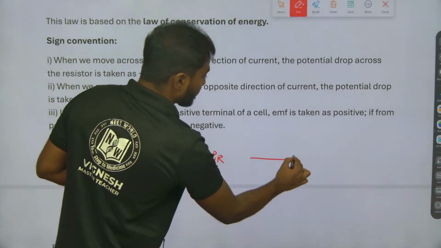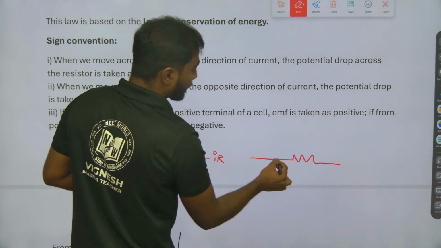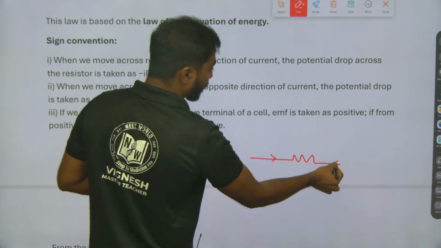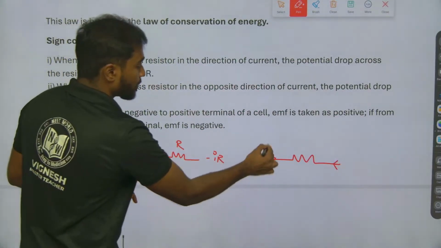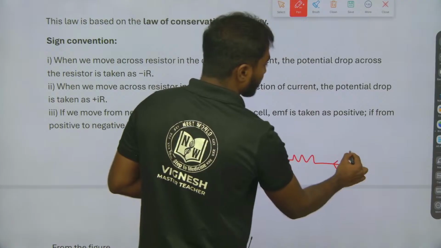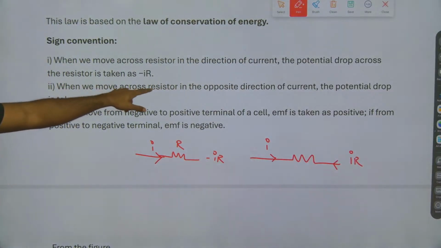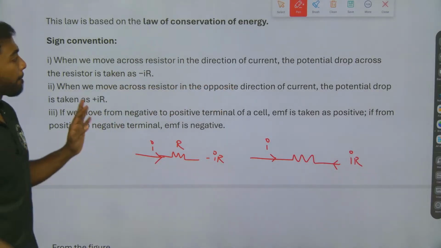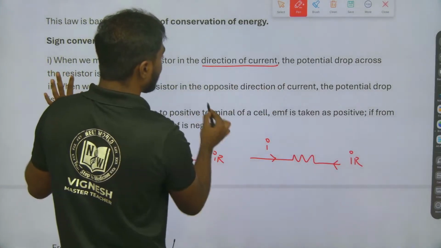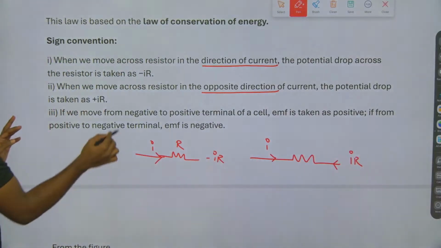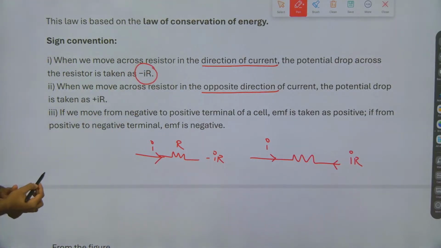Now similarly, when current is going in this direction, I am coming in the opposite direction. So what I should take? It is plus IR, no? So when we move across the resistor in opposite direction of current, this is direction of current and this is opposite direction of current. So direction of current is minus IR, opposite is plus IR.